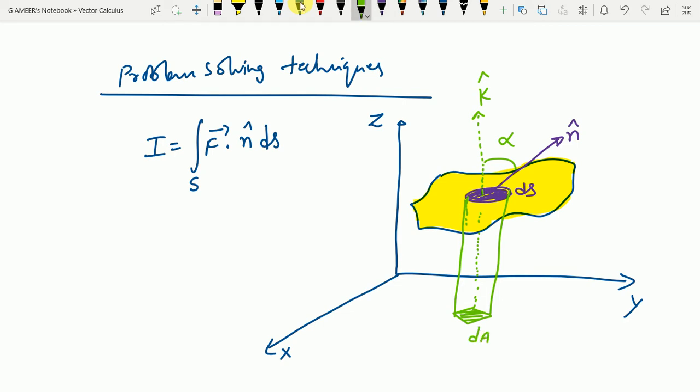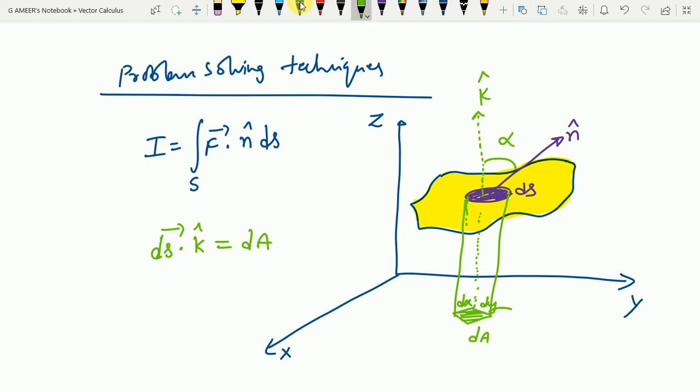Okay, so obviously the projection along k here. What is the ds vector dot k cap will give obviously dA. But what is dA here? This is the x component which is parallel to the x-axis, and one is parallel to the y-axis. These are the dx and dy here.